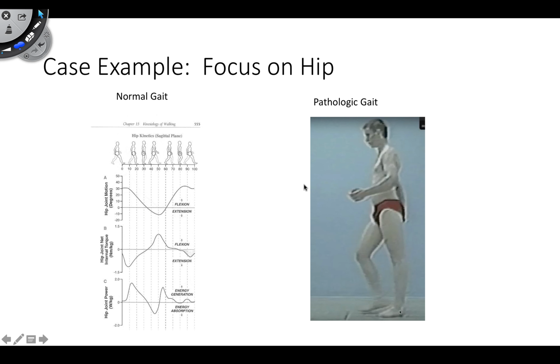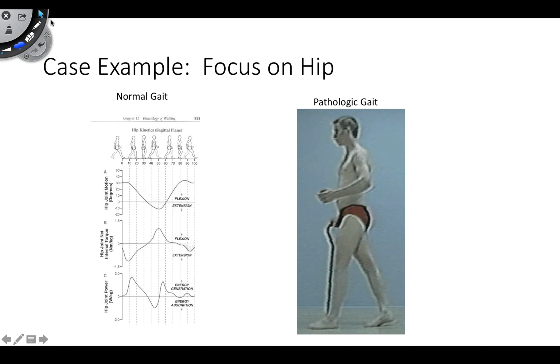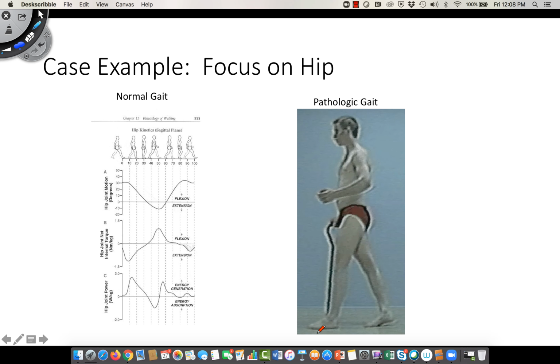Okay, so let's go back now and do the moments. Again, we could put a center of pressure there, a center of mass here, draw the arrow up, and then put the hip here.